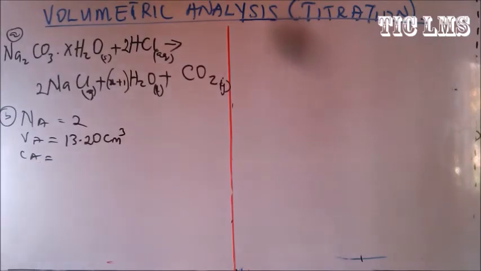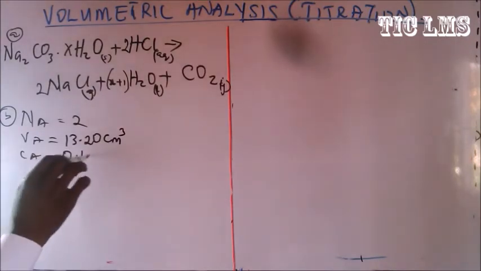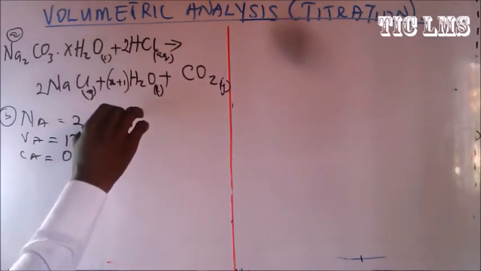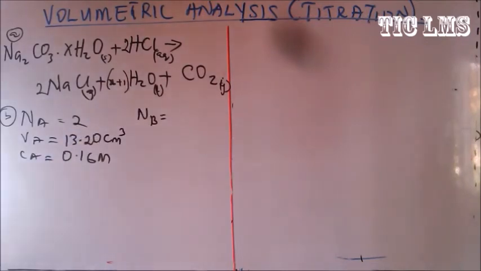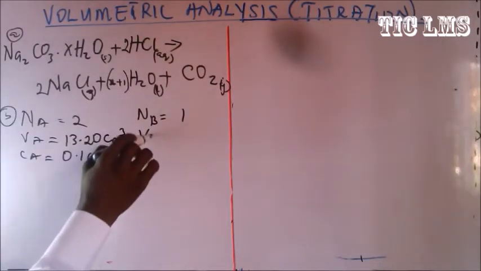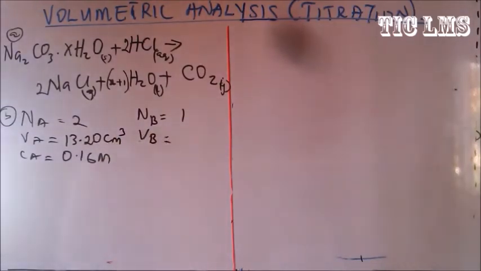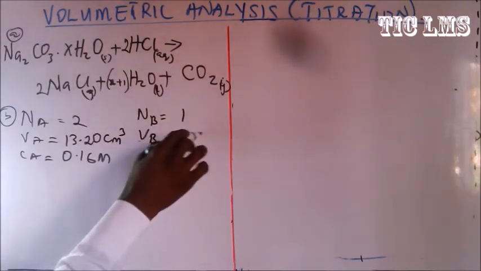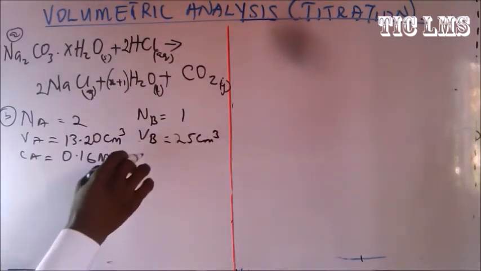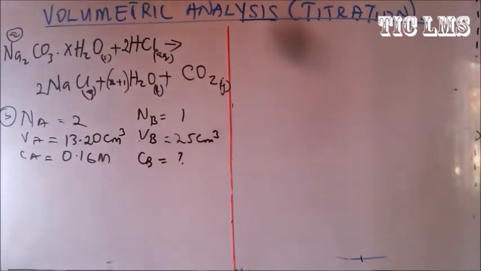And the concentration of acid in this question is 0.16 molar. The number of moles of base is 1, and the volume of base in this question is 25 cm cubed, and the concentration of base is unknown. That's what we are looking for.